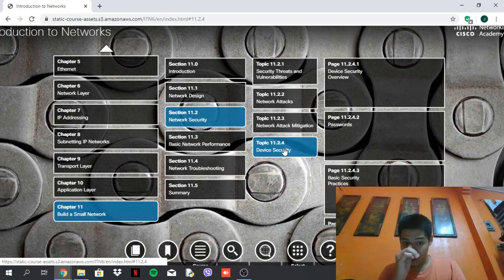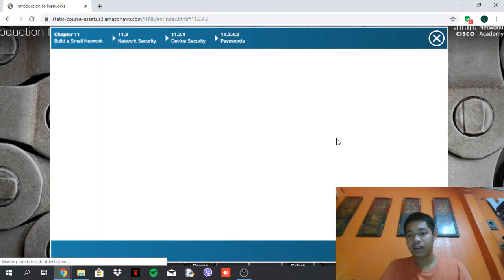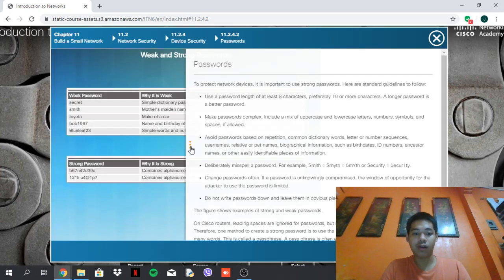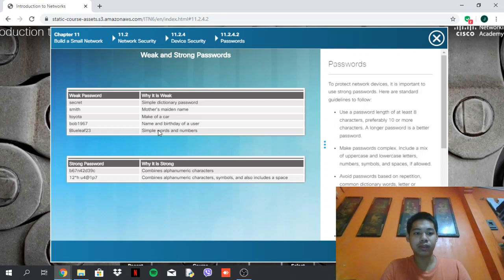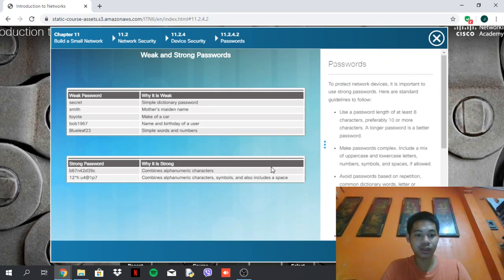And for the device security, device security is all about the password and how to set a strong password and how not to set a weak password.